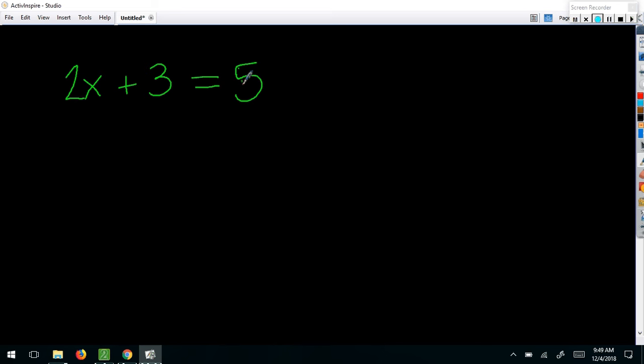We've done this. This was chapter 2. Looking at this, I know you guys know what to do first, right? Subtract 3, if I'm solving it for x.